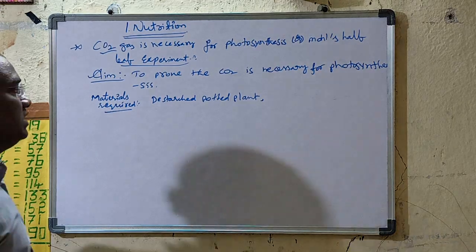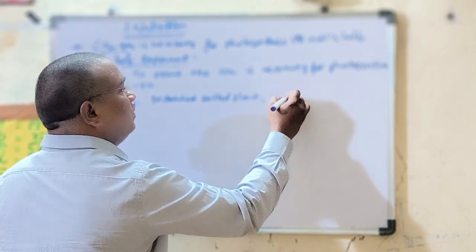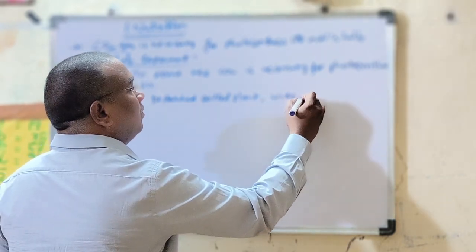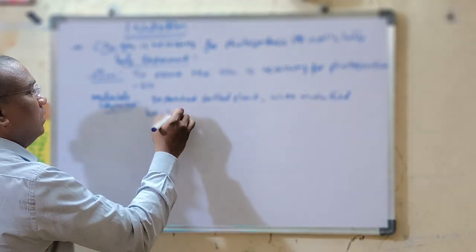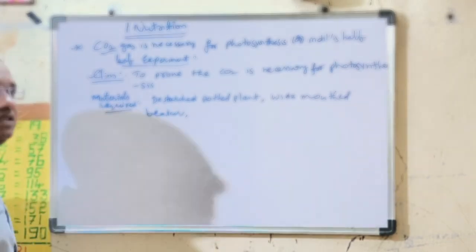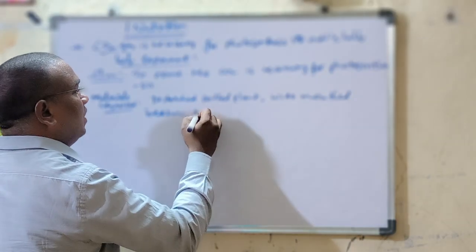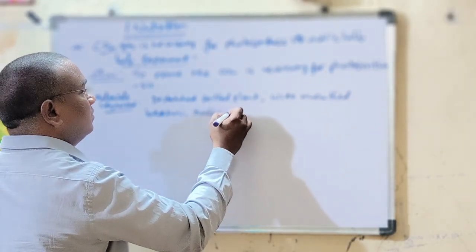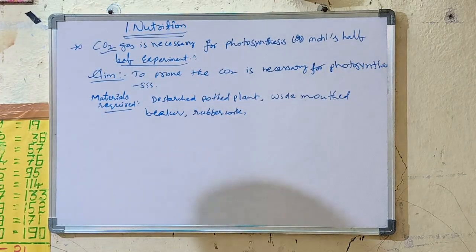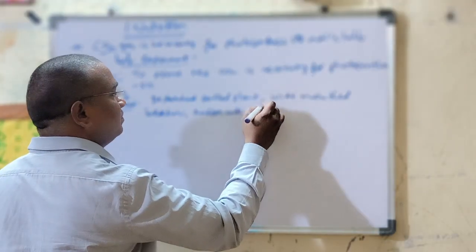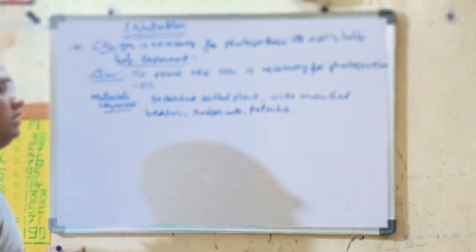We also need a wide mouthed beaker, a rubber cork, and a petri dish. These are all the materials required.